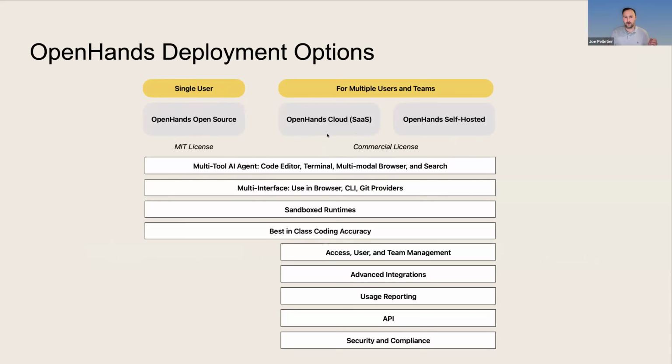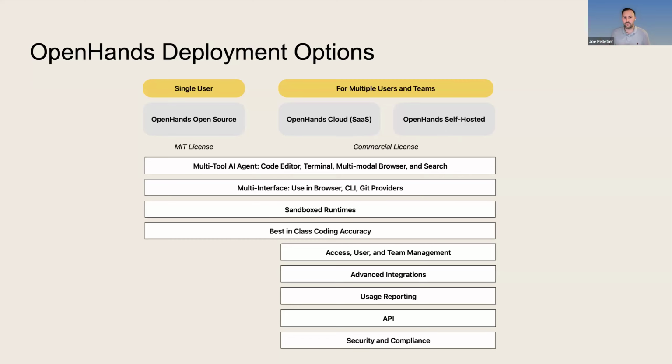We also talked a little bit about OpenHands Cloud, which is our cloud offering around OpenHands, which allows you to use OpenHands in a hosted way, so that you don't have to manage your own runtimes and you don't have to run your own infrastructure. It also provides a few other integrations like Slack and GitLab. We also have an OpenHands self-hosted offering where you can run the cloud offering on premise. So we have a few different ways that you can utilize OpenHands.